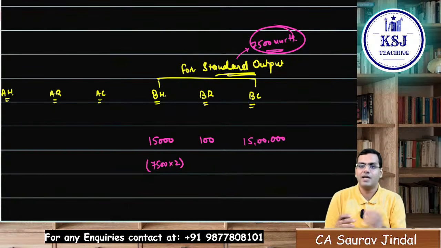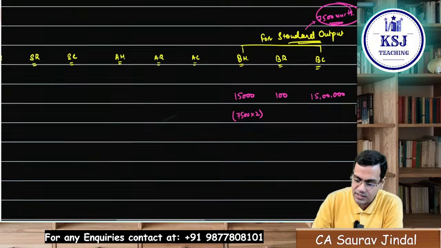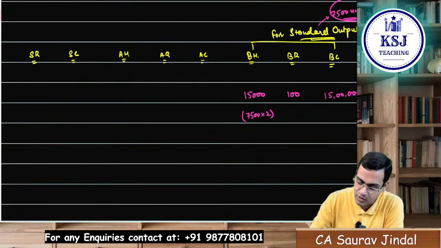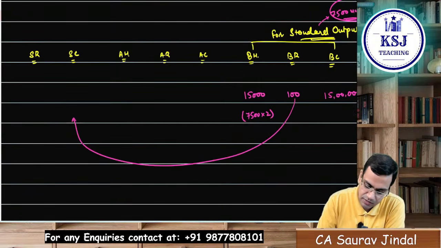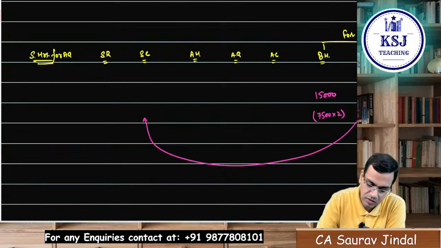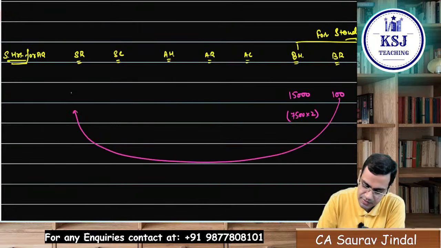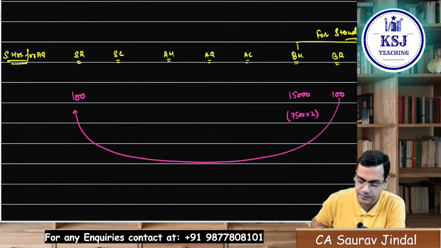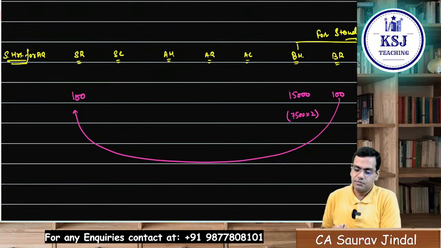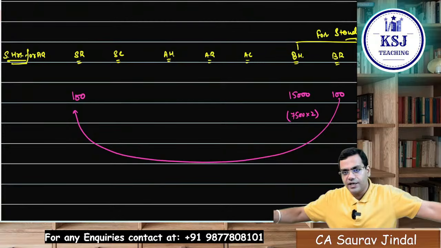This is my standard rate. Now the next thing that I will do is put this standard rate here, not in the standard cost, but the standard rate here, 100. Correct. Budgeted rate is equal to standard rate.